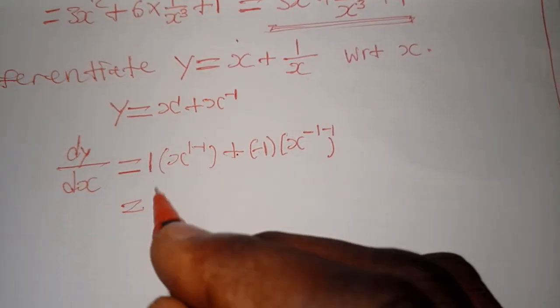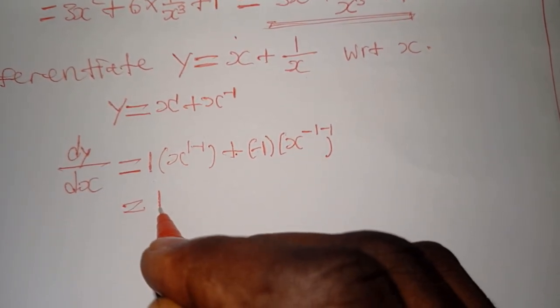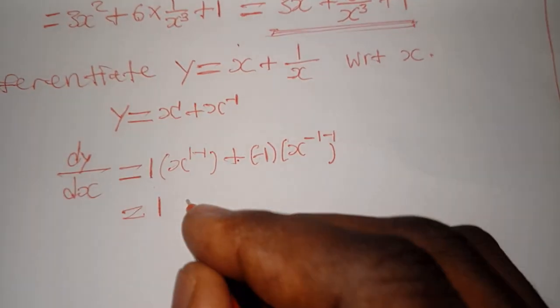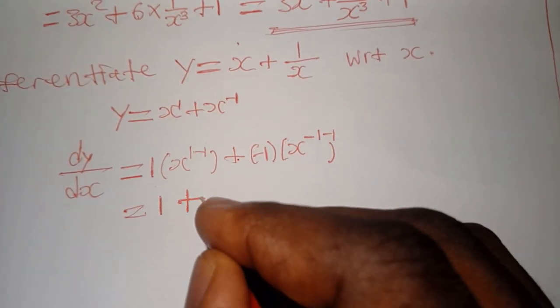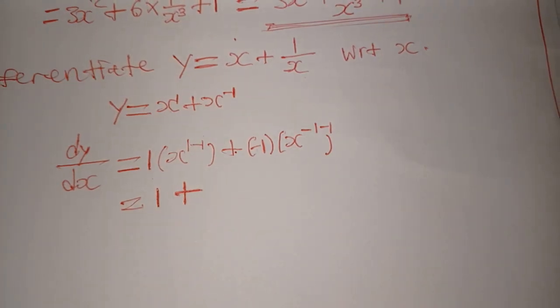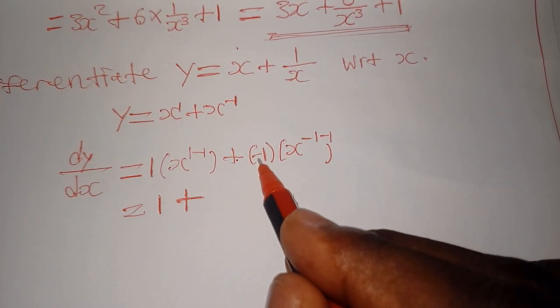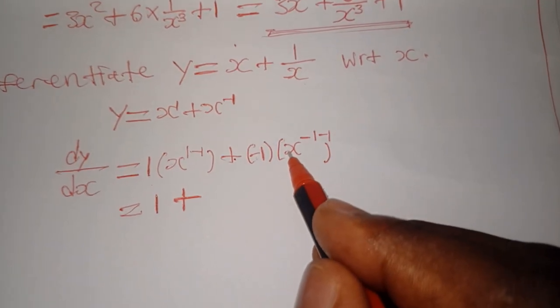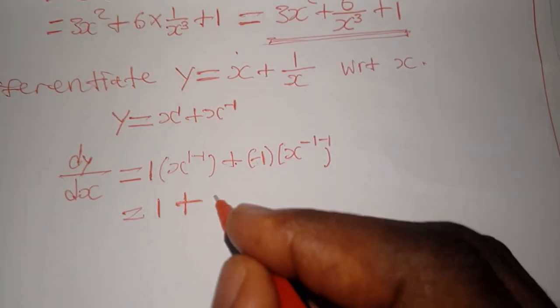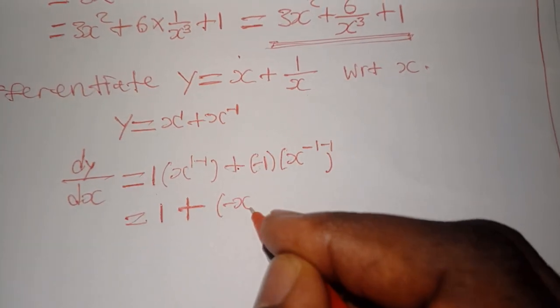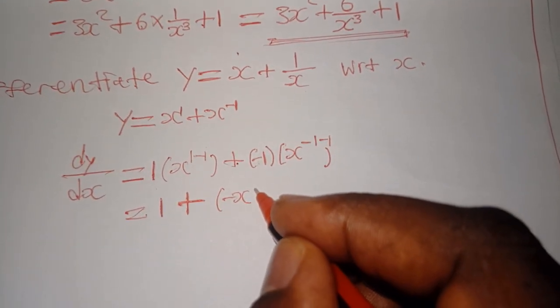So 1 times 1 here will remain with the 1 plus. Yeah, I'm trying to write big ones so that you can see. Here you have negative times this one, which will give us negative x to the power.